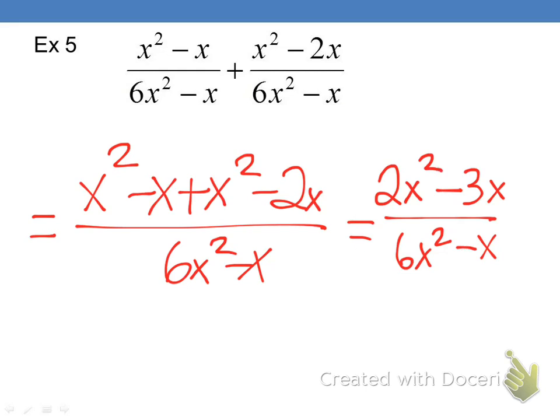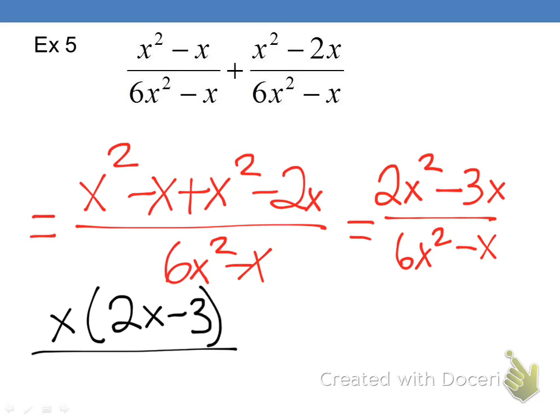No, you can only simplify factors. So the only thing we can really do is try to factor. Can we factor anything out of everything in the top? X. So I could write this as x and then 2x minus 3. And then what about the bottom? X and then 6x minus 1. That's how you can get the x's to simplify.